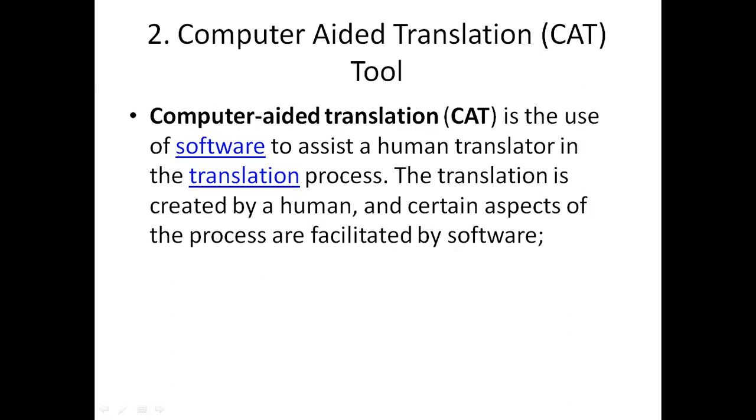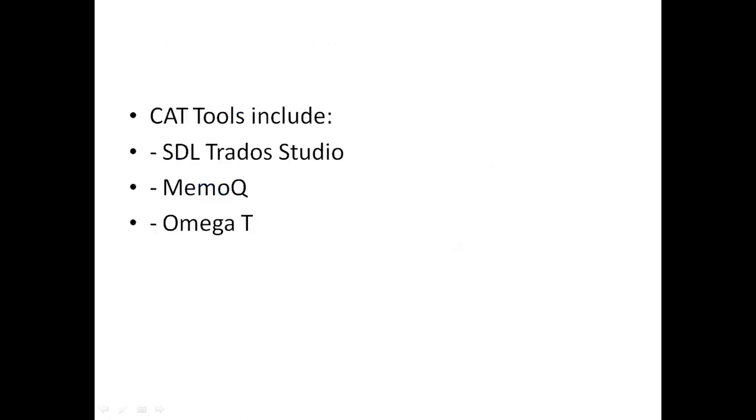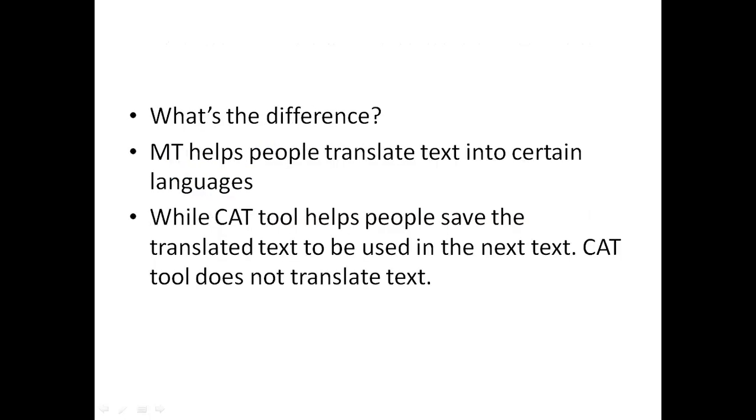Yeah, so in a nutshell, computer-aided translation is the software that assists human translator in the middle of translation process. Okay, so human translator still plays the role of translating the text. So he does not rely on computer-aided translation. So CAT tools include SDL Trados Studio, MemoQ, and OmegaT.